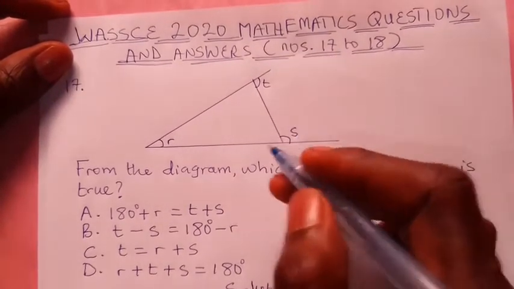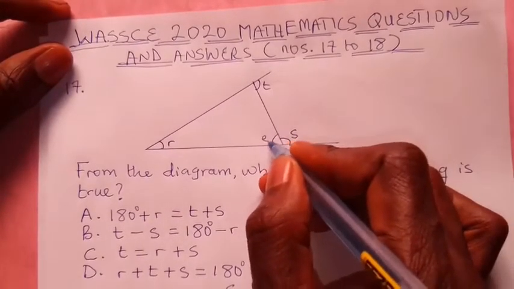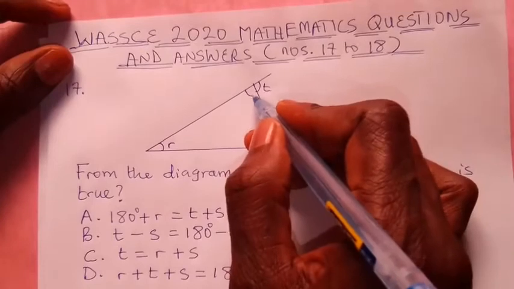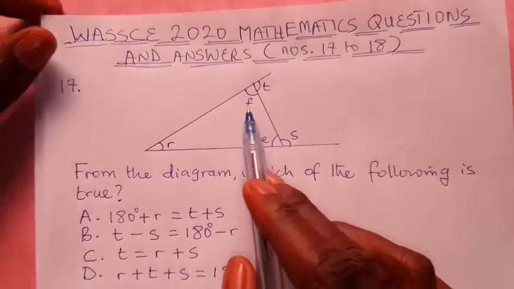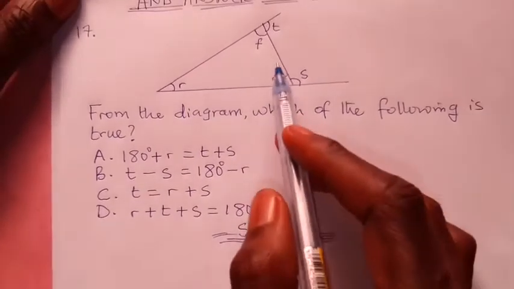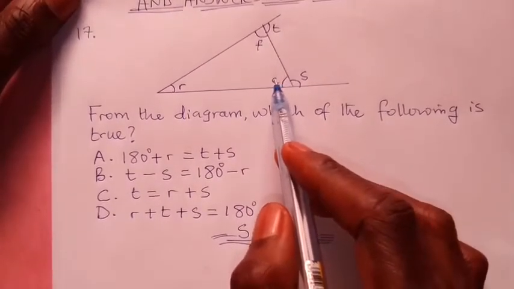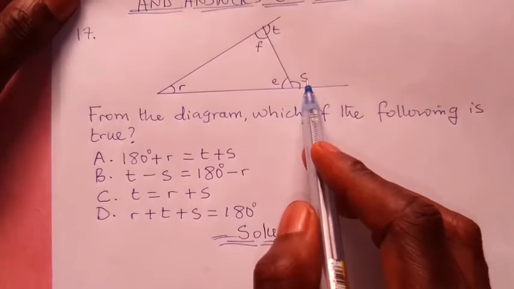Well, for us to solve this problem, let me first of all write here E, then I'll write here F. Okay, now let me letter these two parts this way. If you observe E and S, there's a relationship between them. What is that relationship?